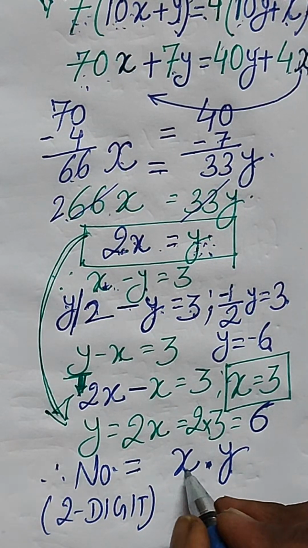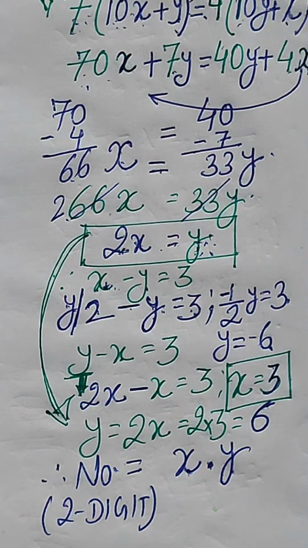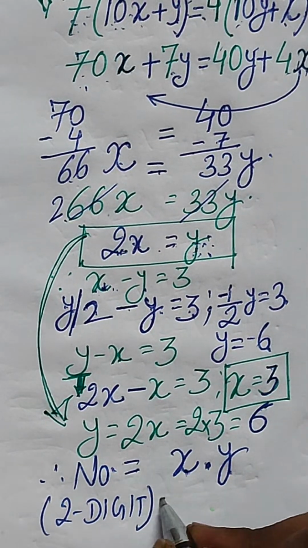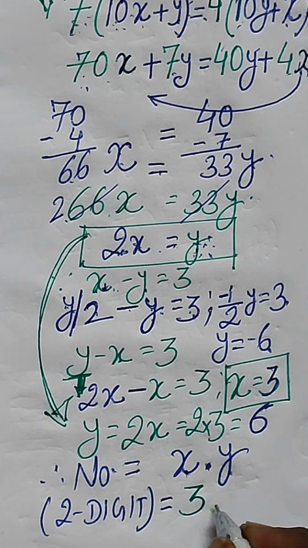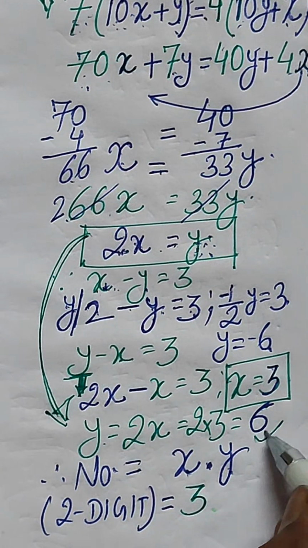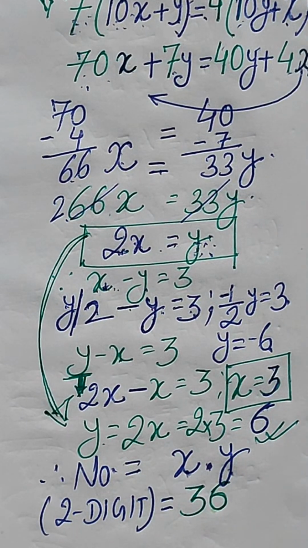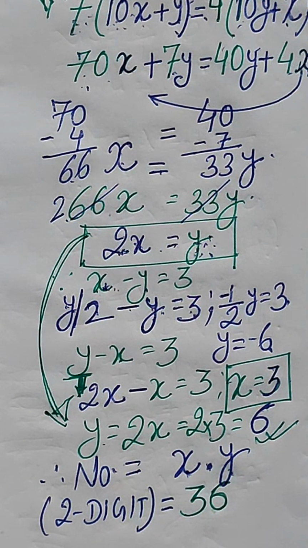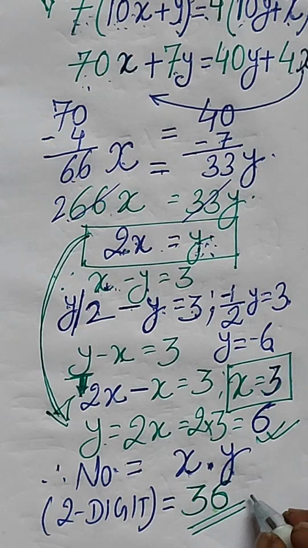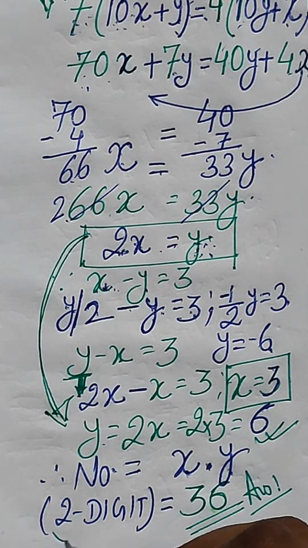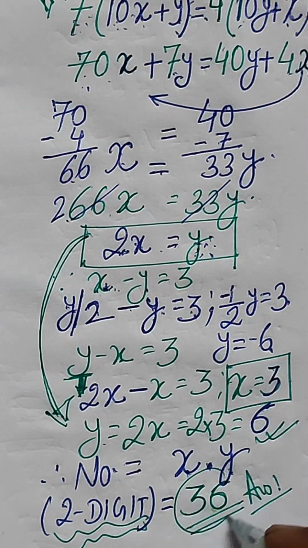So in place of x, just use this number 3 which we have evaluated, and in place of y we put this number 6, right? So our answer is 36. So 36 is that two-digit number.